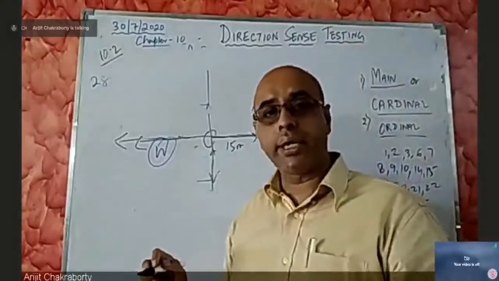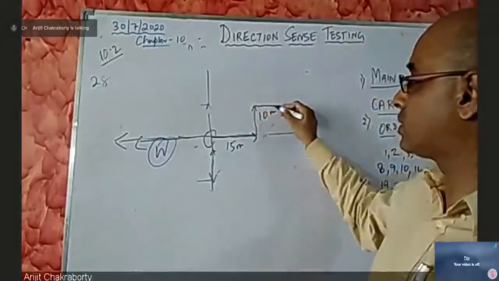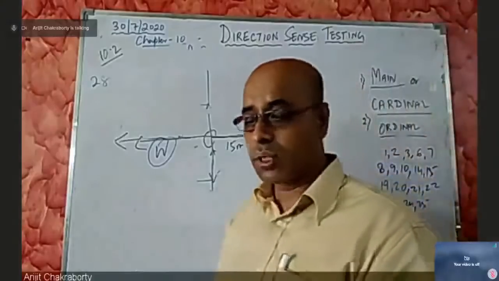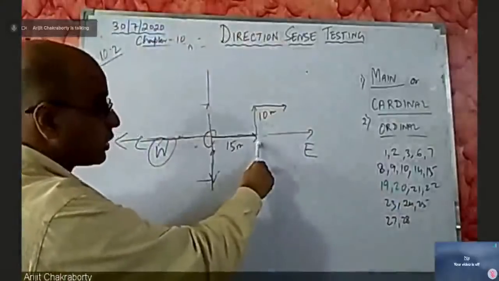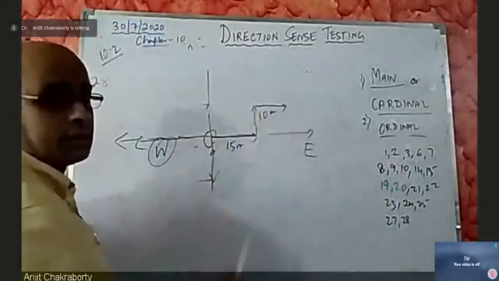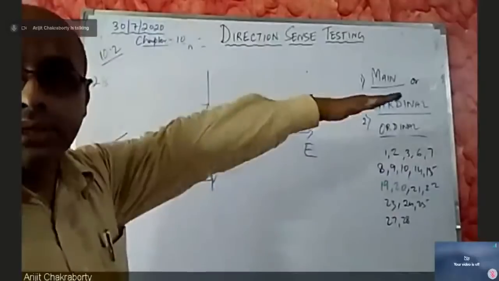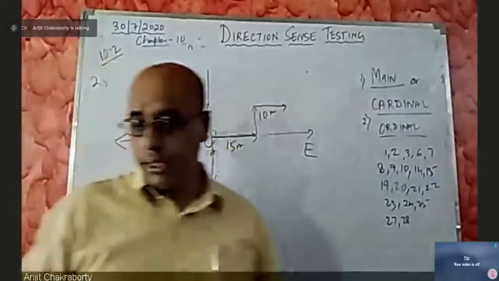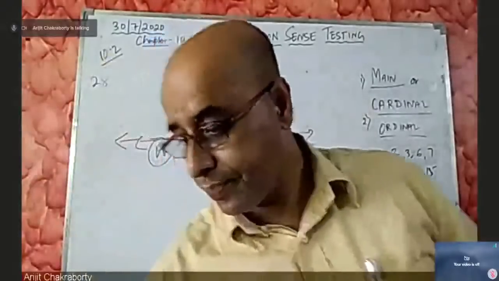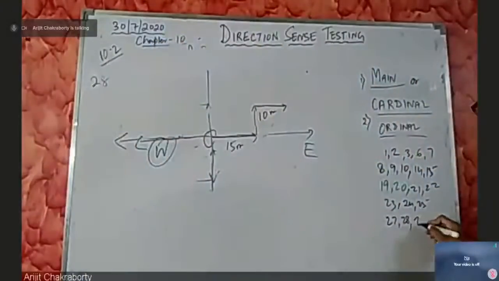Turns right again and walks. At this stage, turns right and walks. Towards which direction is he now walking? So he has walked in the east, taken a left turn, takes a right turn. So he is moving towards east. Towards the right hand side, so east. So answer is east. This is number 29. Okay. So 29 is done.